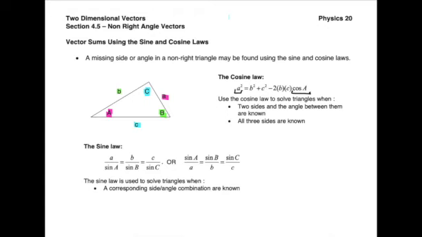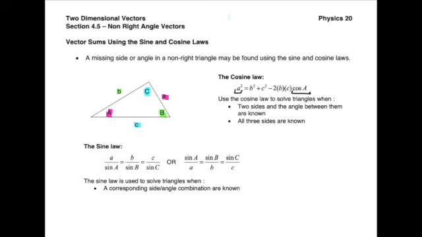The other thing to keep in mind, and this is important if you're solving for angles, you can just take the reciprocal of all of these and you still have the sine law there. And so either one of those you can use. If you're solving for side lengths, this one's easier because the side length is in the numerator. If you're solving for angles, this one's better because the angle's in the numerator. And more often than not, we're using this one to solve for angles, so we will use this one a little bit more often.